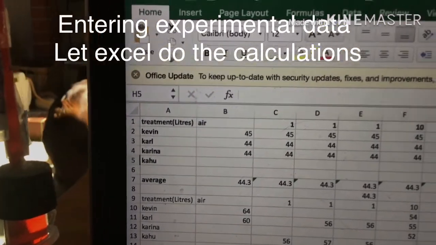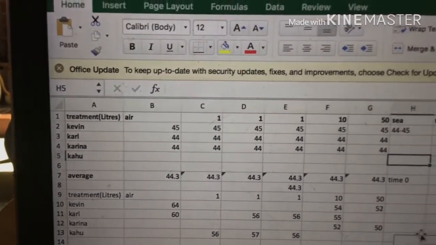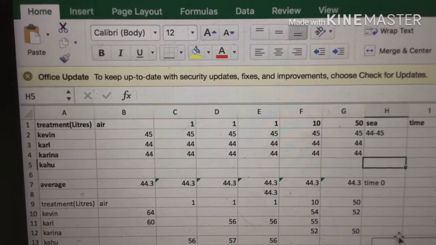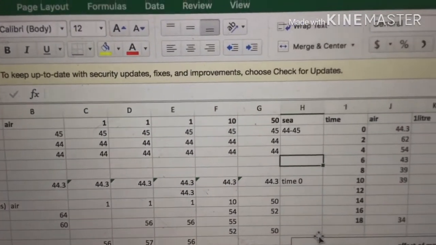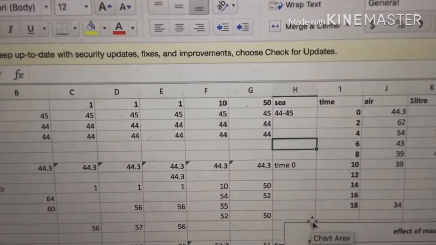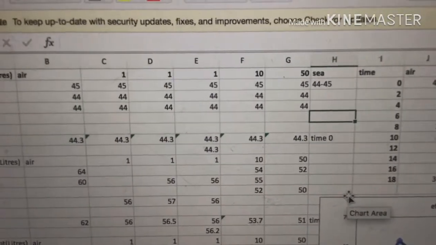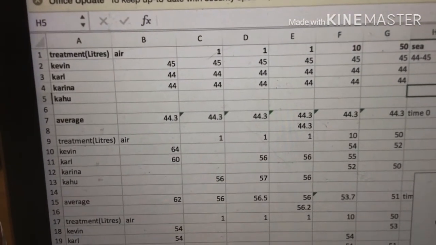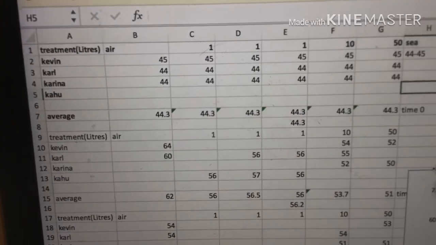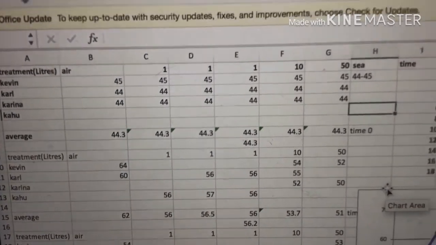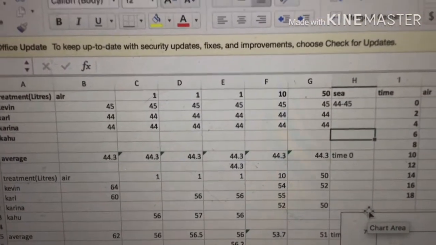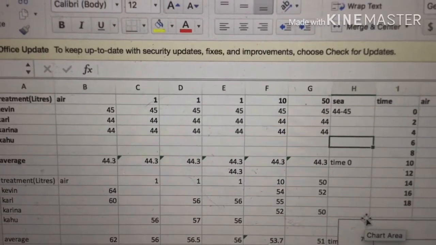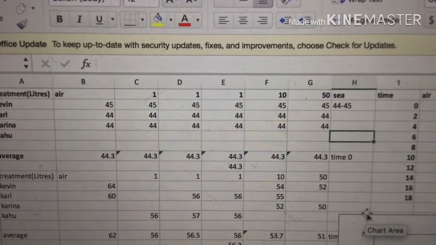And along the top I'm recording air, 1 litre, and I've got 3 repeats of 1 litre, 10 litres, 50 litres, and the C. And at different times, and then getting the averages from my replicates, and averages from the different thermometers. Now the water at the start all came at the same time, same place.